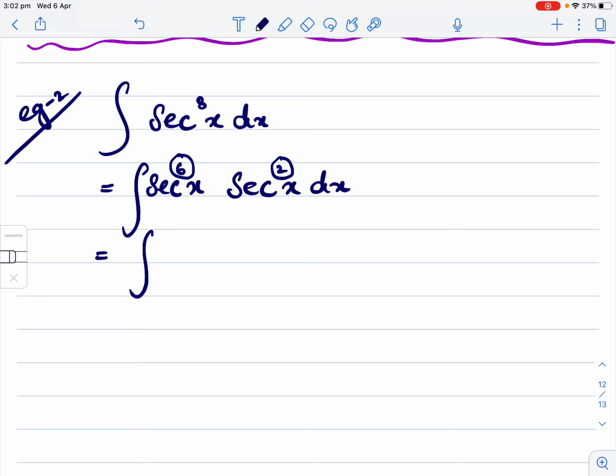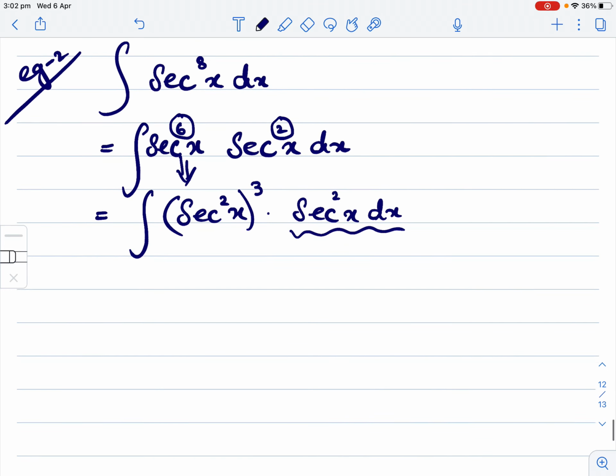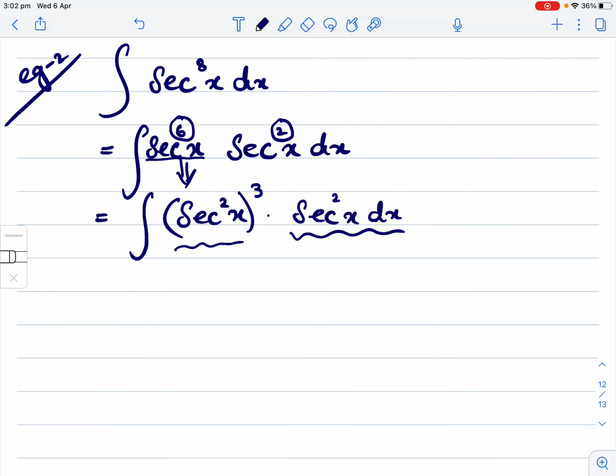And I can write the sec^6 x as (sec^2 x)^3 and then sec^2 x dx. I'm keeping it because we need it for substitution. Why have I broken this sec^6 x as (sec^2 x)^3?